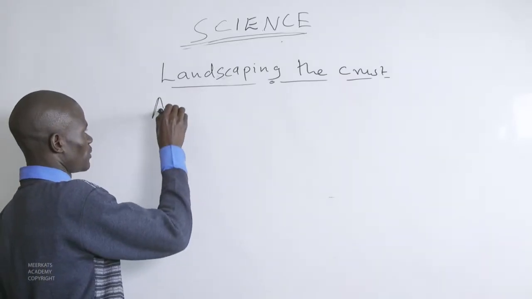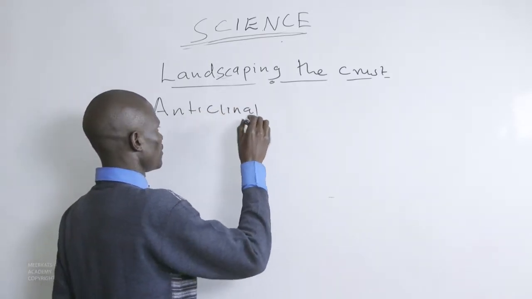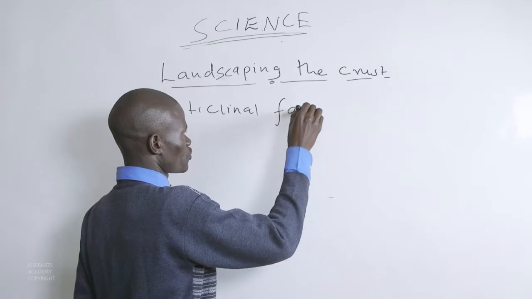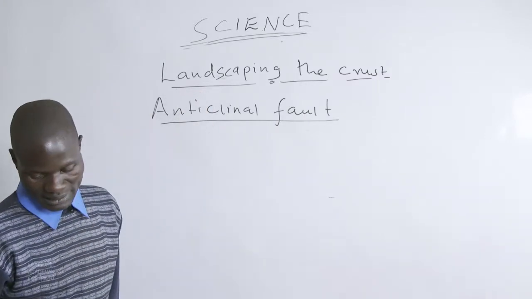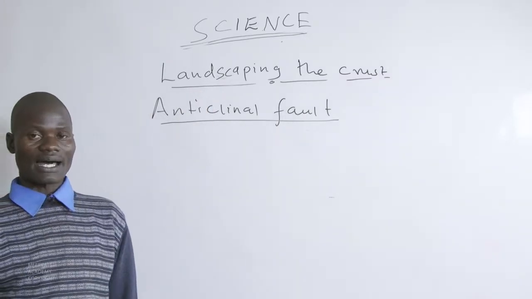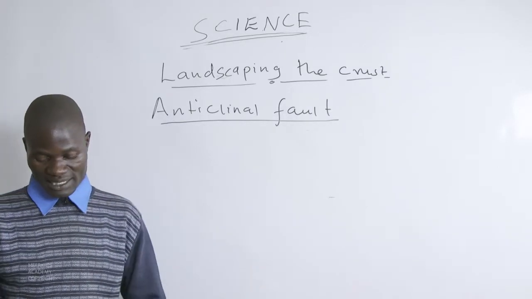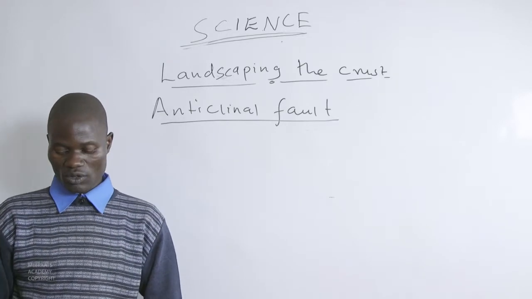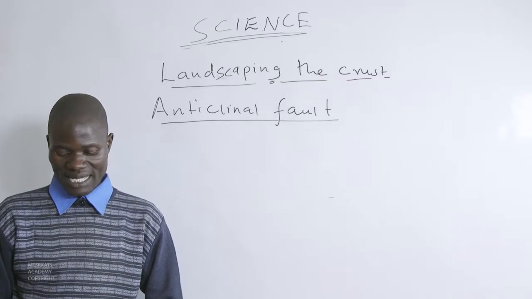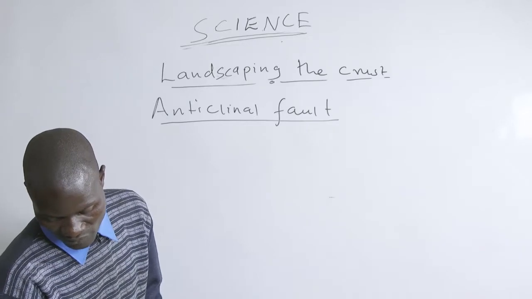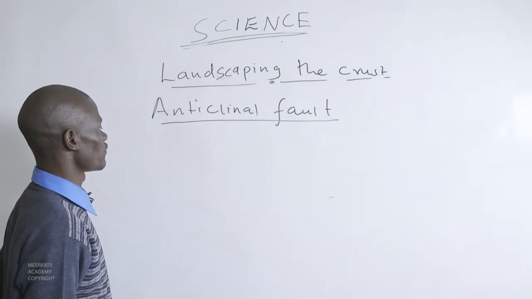Anticlinal faults are caused when a massive compressional force, especially on the anticline, results in the crustal rocks faulting around the crests, producing what we call the anticlines as a result of the tensional forces.